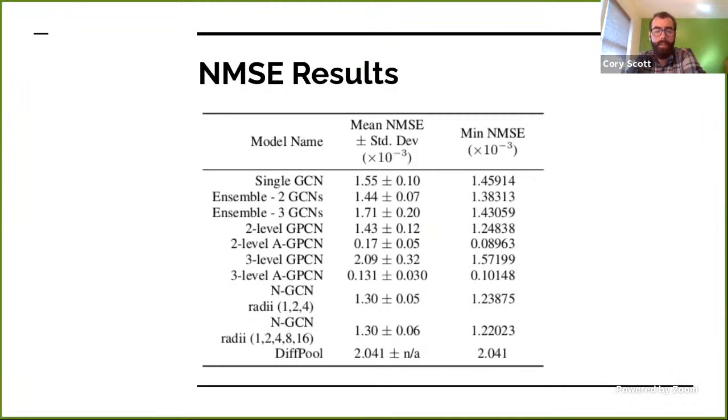Like I said on the main slide, the adaptive graph prolongation convolutional network does better than any of the other methods by an order of magnitude, more or less. These numbers show mean and standard deviation that was calculated by running several trials with different random seeds and collecting the validation error for each. So these are different validation sets.